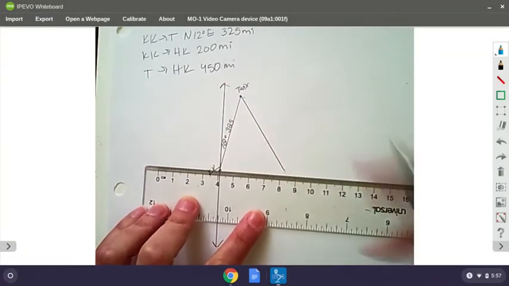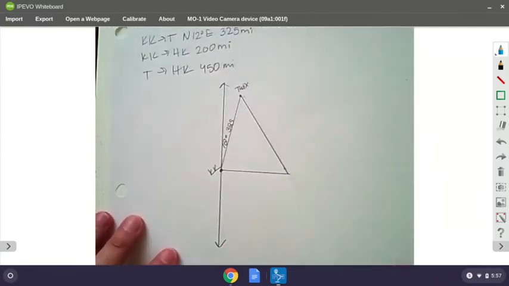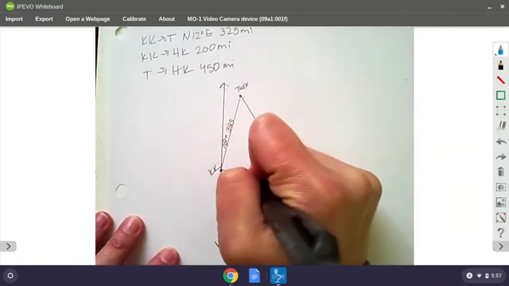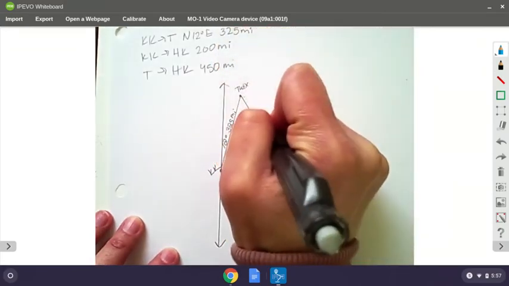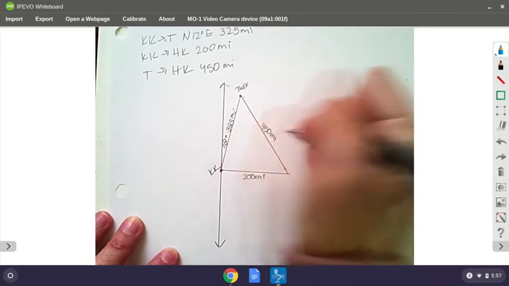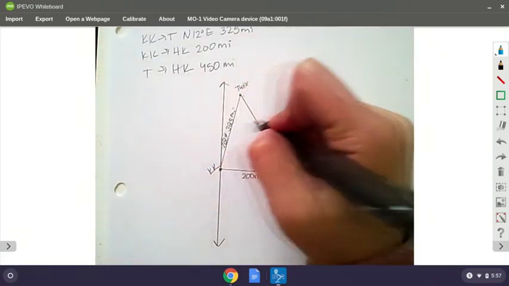And then this bottom one is the shortest side at 200, so I'm going to try to make that look like it's the shortest one. Do your best though, it's fine if yours looks a little different from mine. And that's Hershey Kiss.